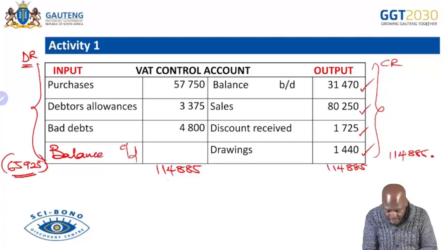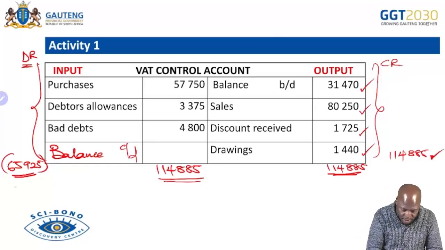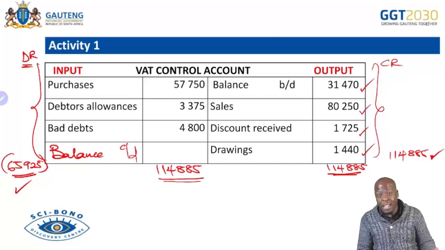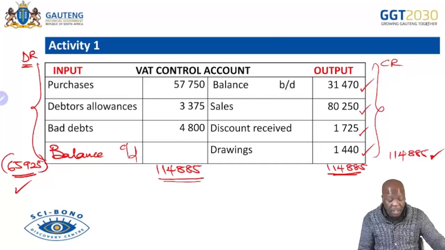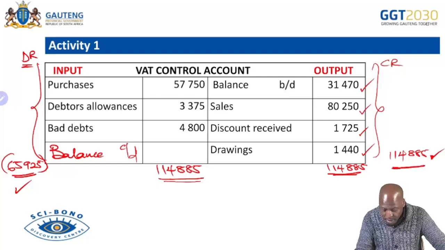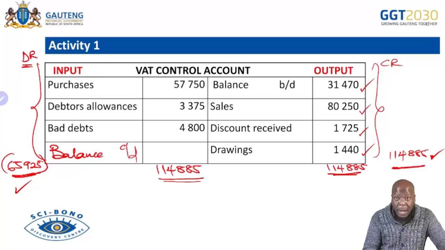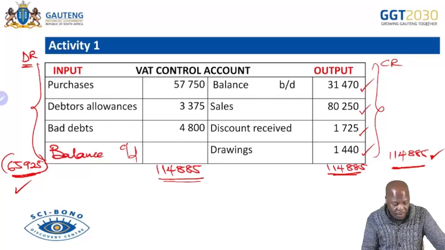How do I get the balance carried down? I simply say 114,885 subtract 65,925. I get the difference between the two. Please punch that in your calculators. How much do you get? Thank you.